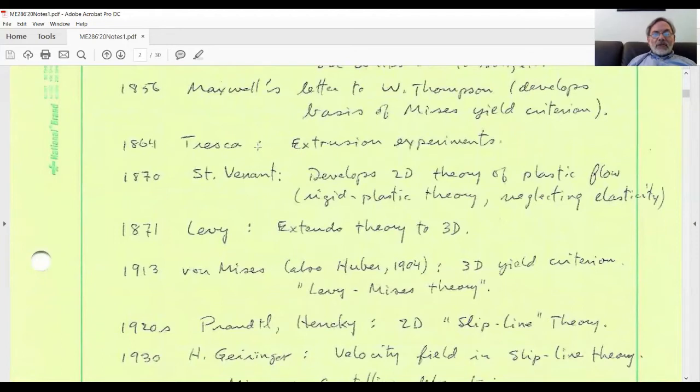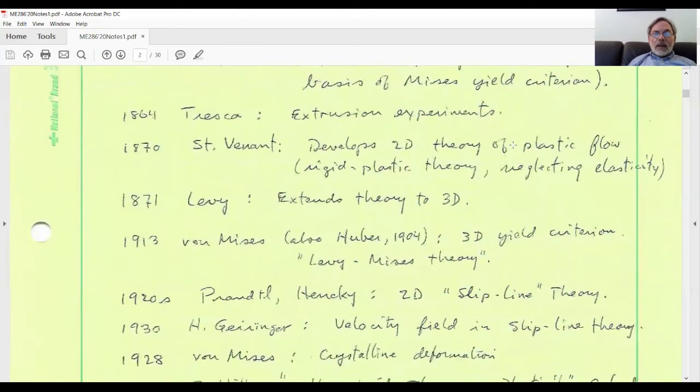In the late 1800s, Tresca, whose name you're familiar with, I'm sure, conducted very important extrusion experiments on materials, establishing an experimental foundation for plasticity. Later, Saint Venant, the same famous elastician that you're familiar with in the context of elastic torsion theory, developed a two-dimensional theory of plastic flow associated with what we call today the rigid plastic theory, in which the elastic deformation is neglected.